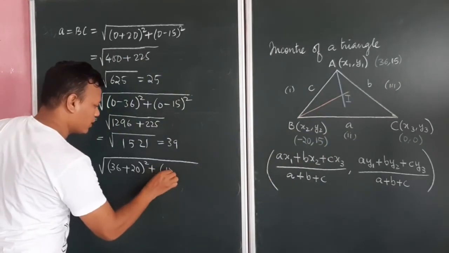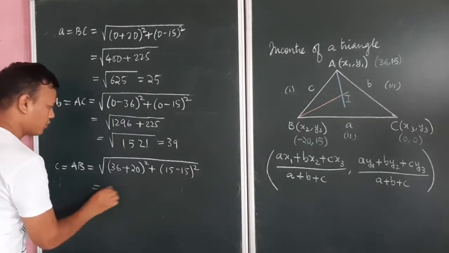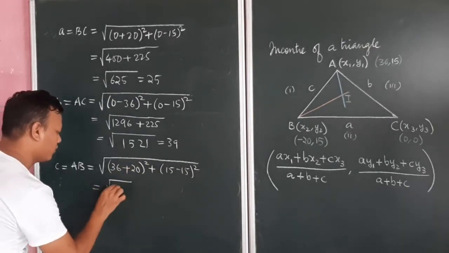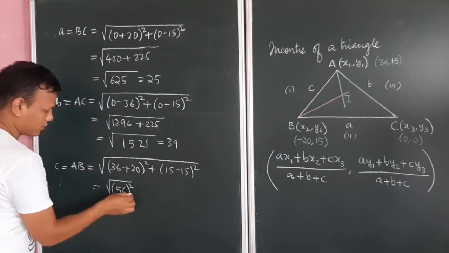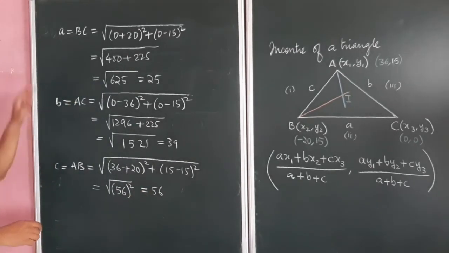So this is 56 whole square, plus 0 is that much itself. So this turns out to be 56. So we got our values for A, B and C as well. Pause the video to note down.